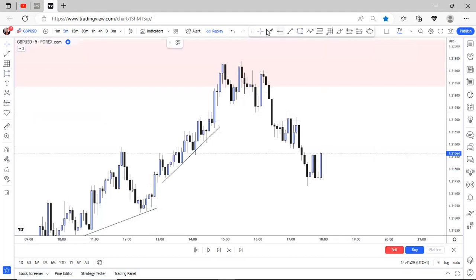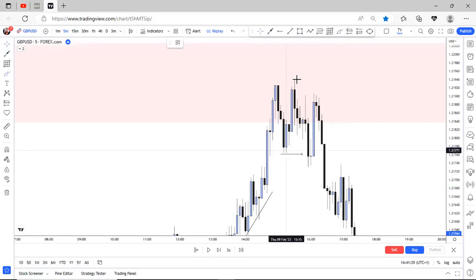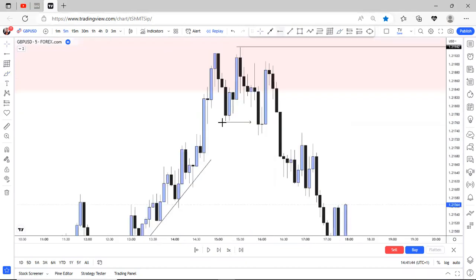So as you can see, price tapped into this supply zone. The next thing you want to wait for is a break of structure. So as you can see, we had the first break of structure because this was the low that gave us the last high. So you have to wait for this low to be taken out for you to have the confirmation that you will be selling.